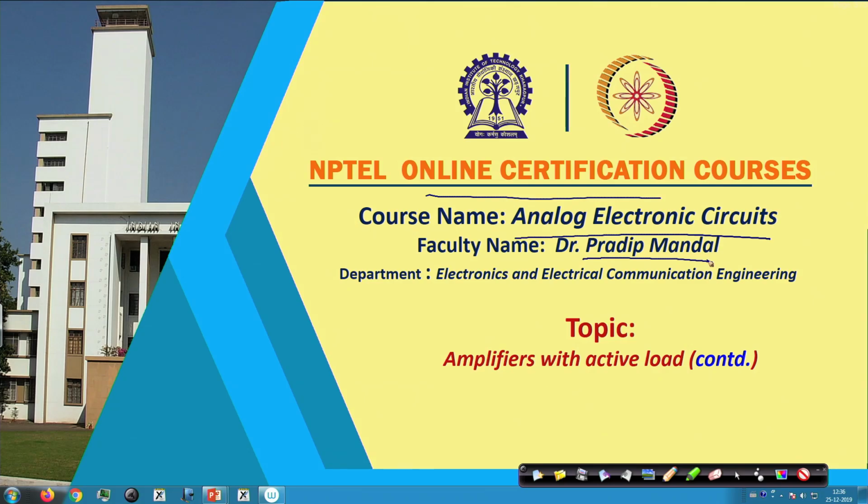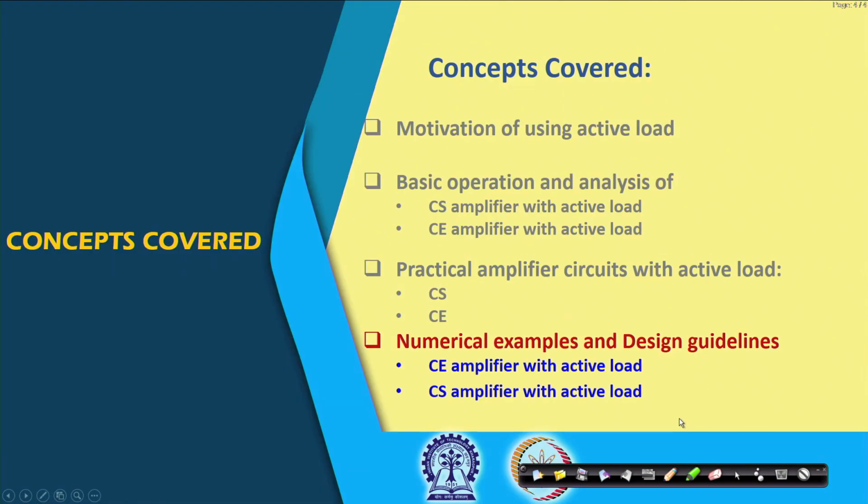Today we are going to continue amplifiers with active load. We have started this topic and today primarily we will be discussing numerical examples. So the plan for today is numerical examples and inherent design guidelines.